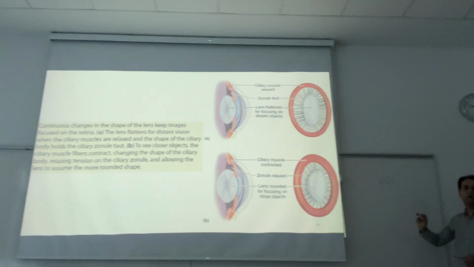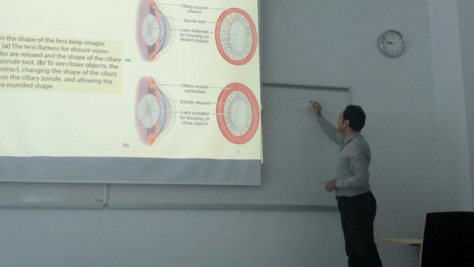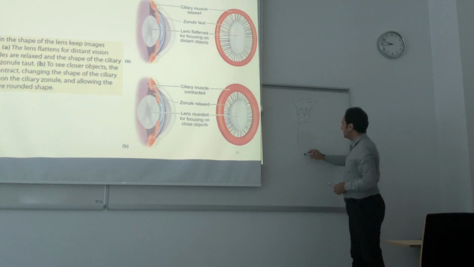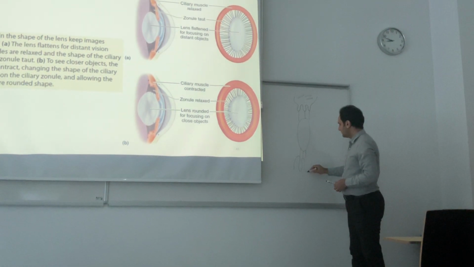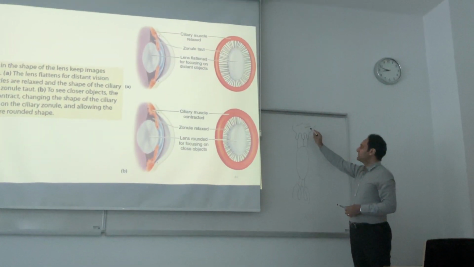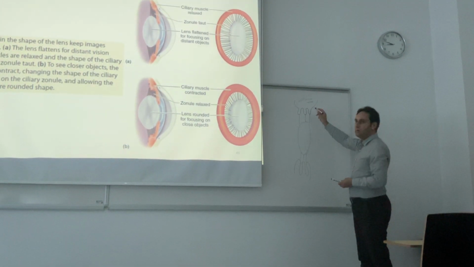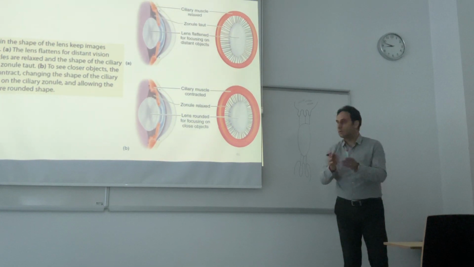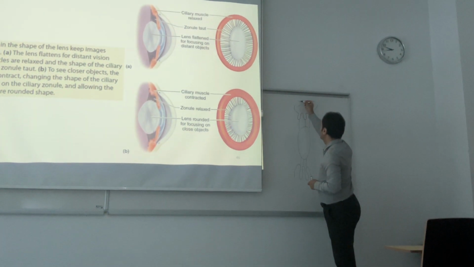This is our ciliary process. And here we have the ciliary muscles. And this ciliary process is connected with the lens. When these ciliary muscles contract, the structure of the ciliary process goes to close into each other, like this.